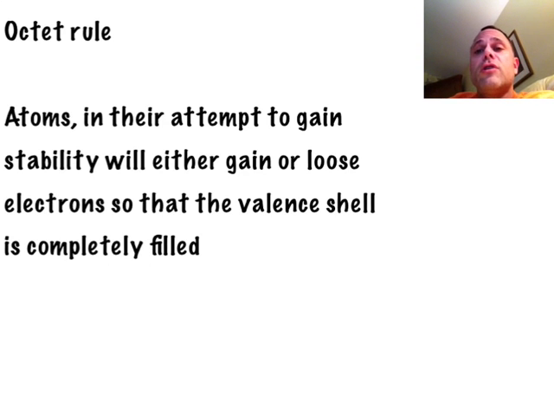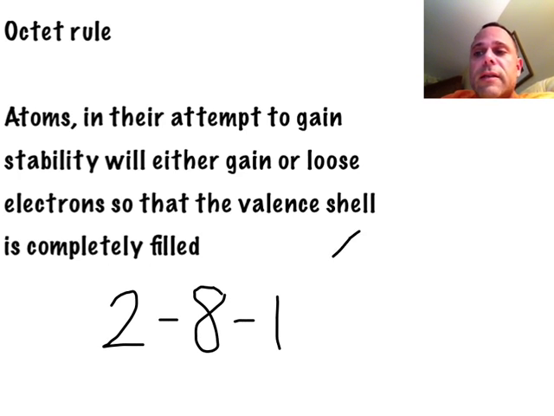Now this brings us to the octet rule, which is about atoms in their attempt to gain stability. Atoms will either gain or lose electrons so that their valence shell is completely filled. So our last example of sodium was 2-8-1. This outer shell is not completely full.